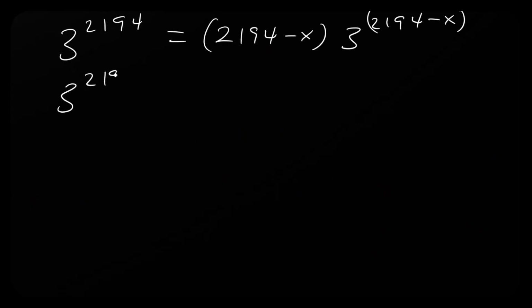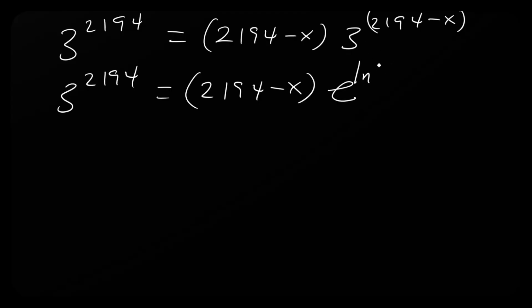3 to the power 2194 minus x. So instead of 3, I'll make it e exponent ln of this, 3 raised to 2194 minus x. Remember, this one doesn't change anything, okay?